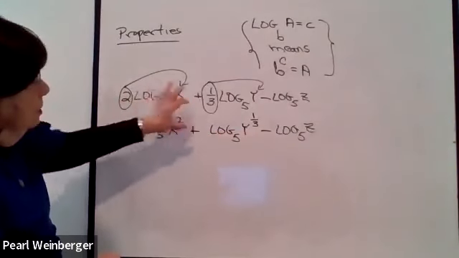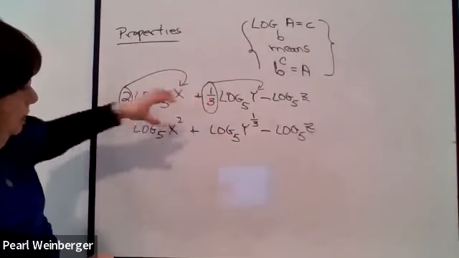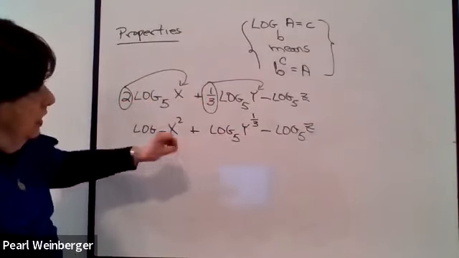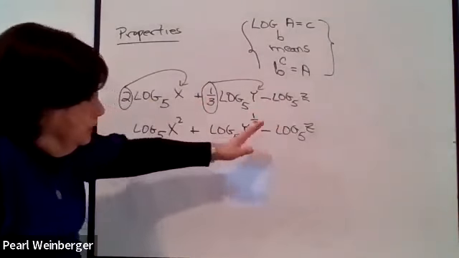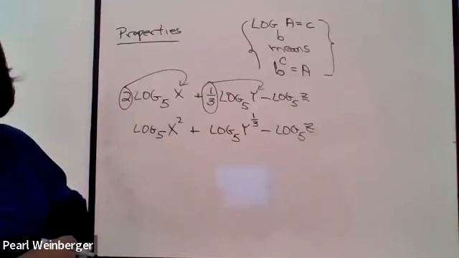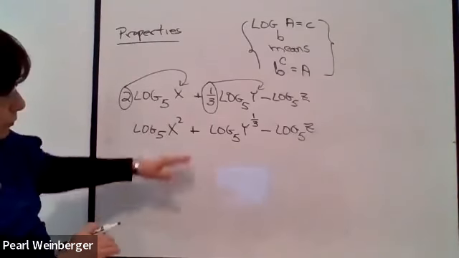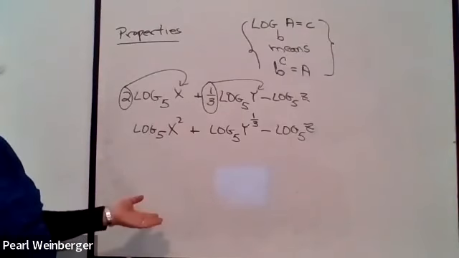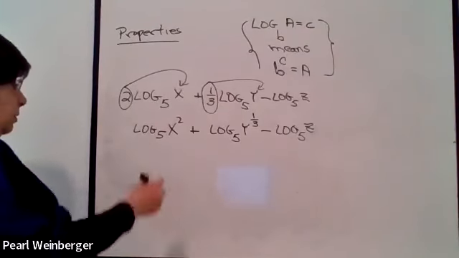So anything positive is going to go in the top of my fraction. Anything that has a negative sign in front of it is going to go into the denominator, because it's being divided by, and that means it goes in the denominator.